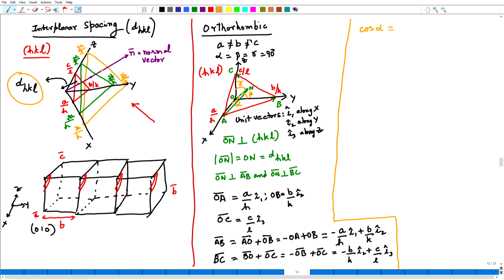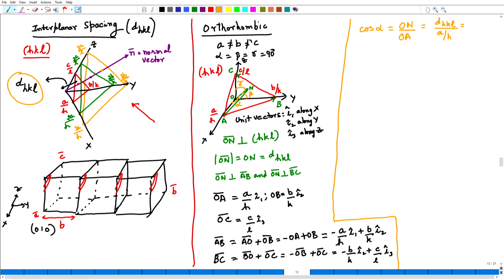Now, remember the triangle: cos alpha is nothing but ON upon OA, where OA is the hypotenuse and the 90-degree angle is the angle ONA. Therefore, cos alpha is ON upon OA, but we know that ON is d_hkl and OA is nothing but a by h.